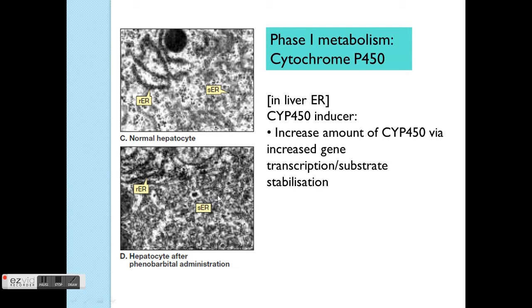For example, if the person is also taking a drug called phenobarbital, which is a cytochrome P450 inducer, it actually increases the amount of enzymes in the hepatocytes. However, remember this process requires turning on the internal machinery in a way, so that you need to produce more of the enzyme itself.